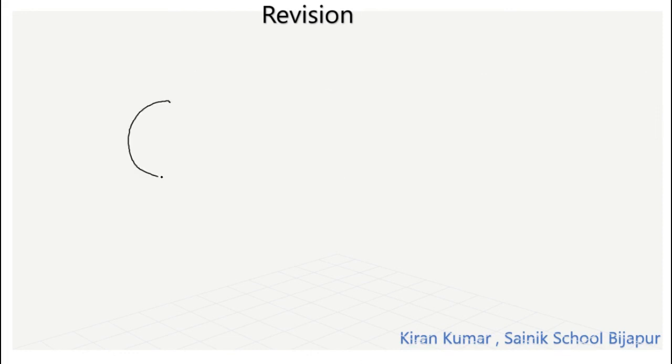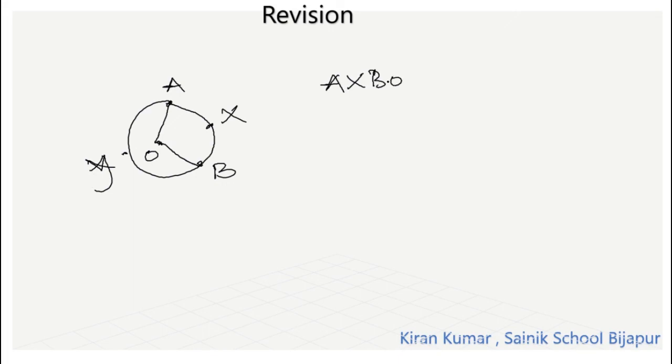If we have a circle, and if these 2 points are on the circle and they are connected to the center, we get a sector. If I name this AXBO, this is a minor sector.